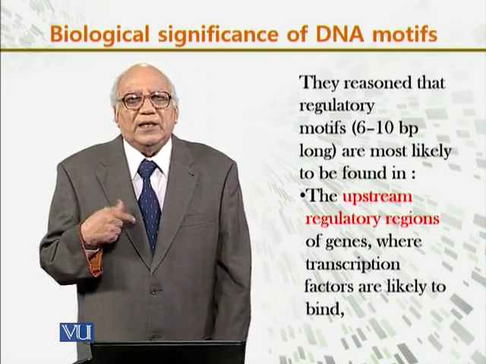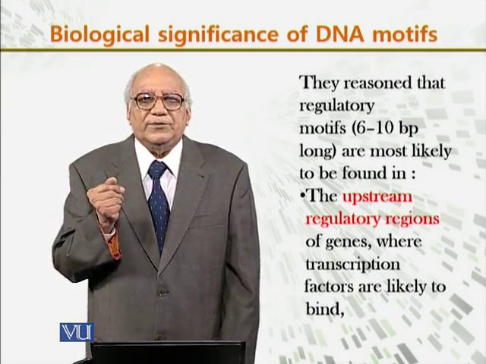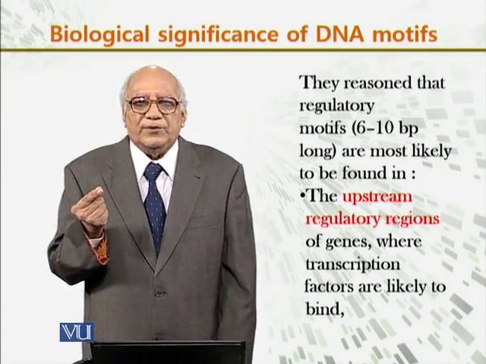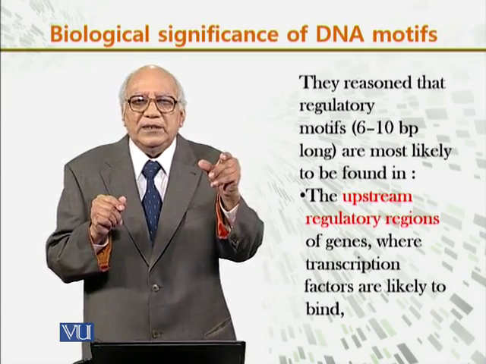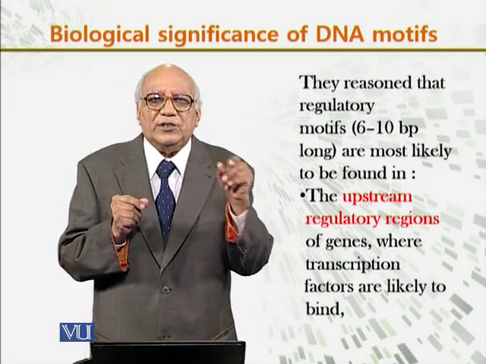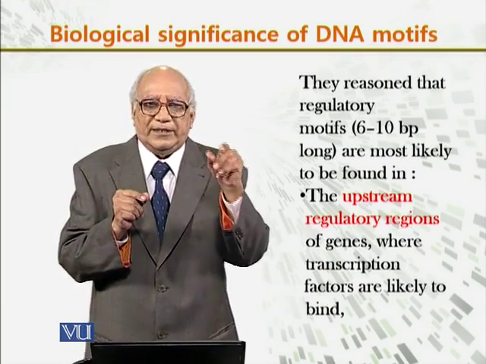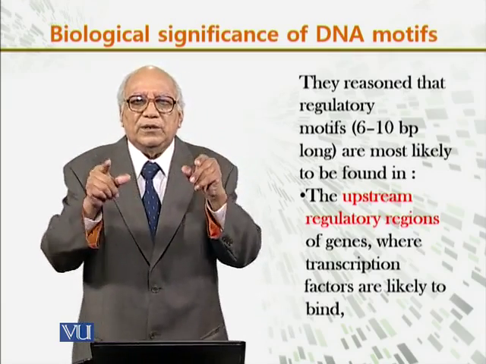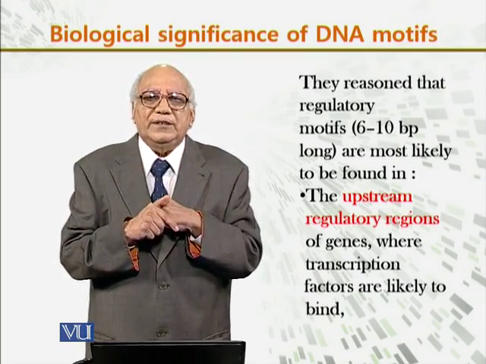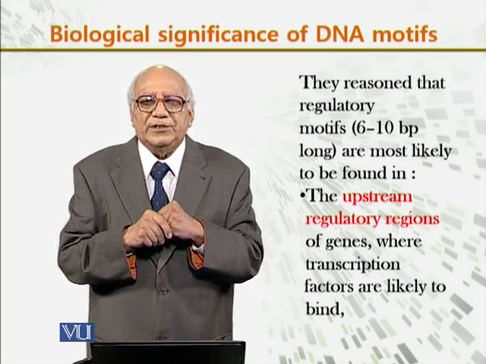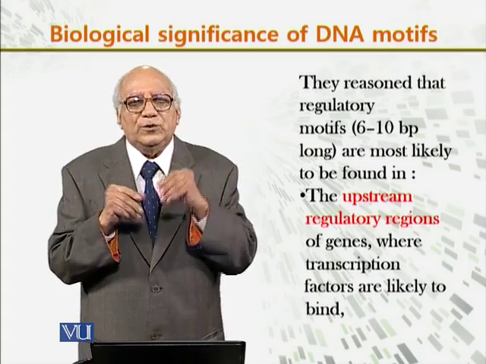Now these researchers reasoned that regulatory motifs are 6 to 10 base pairs long. They are very small, just like a very small sentence which controls the whole text. They are most likely to be found in the upstream regulatory region of a gene, where transcription factors are likely to bind.